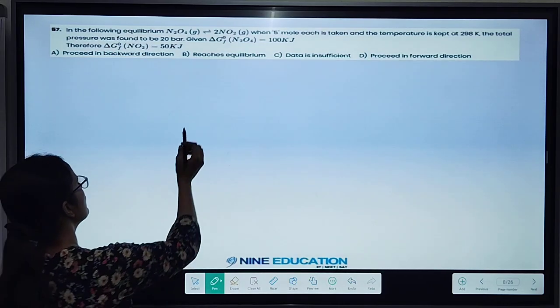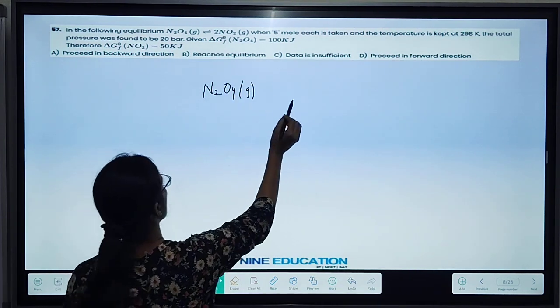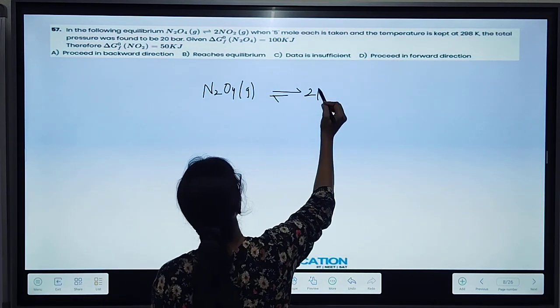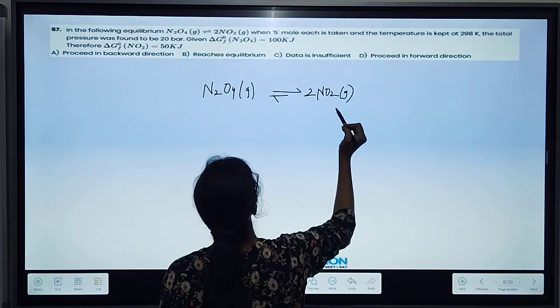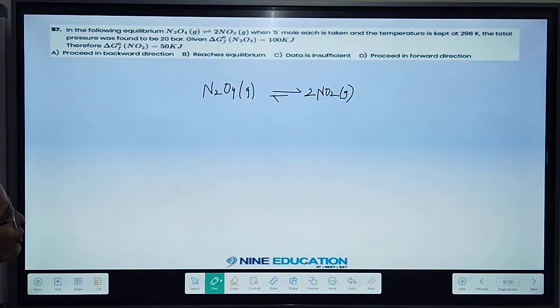So first of all, see the reaction which is given, N2O4 gaseous providing us 2NO2 gas, and they are saying that we are starting with 5 mole of both, right?